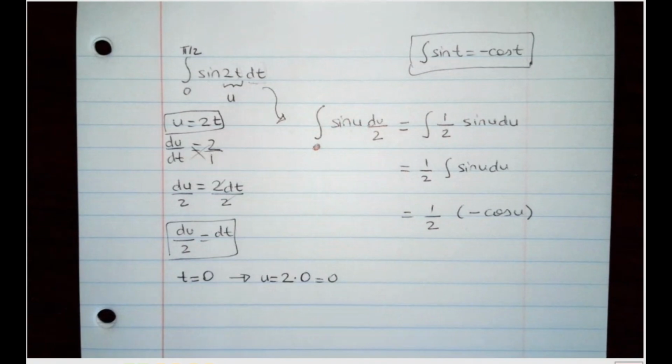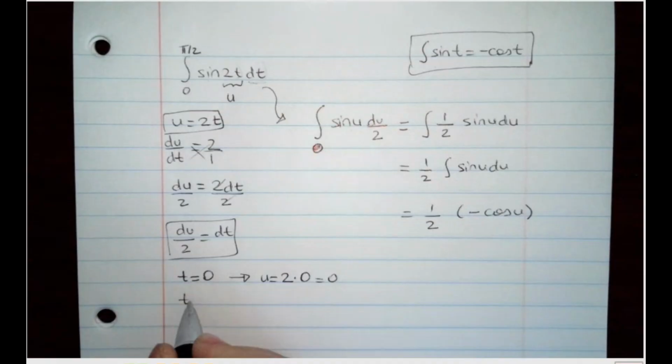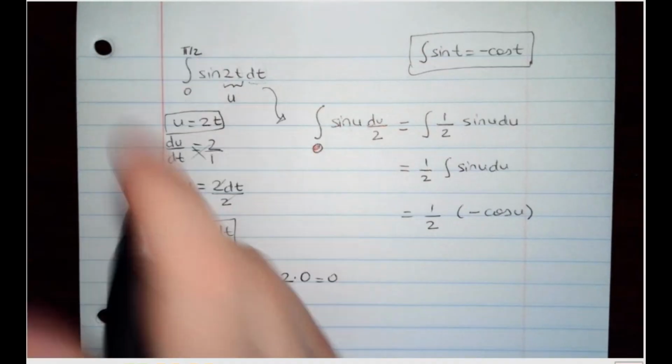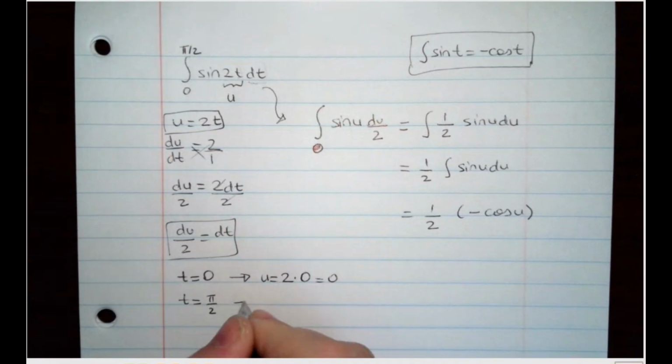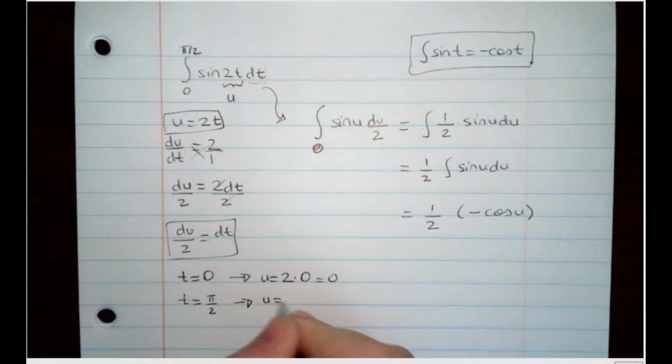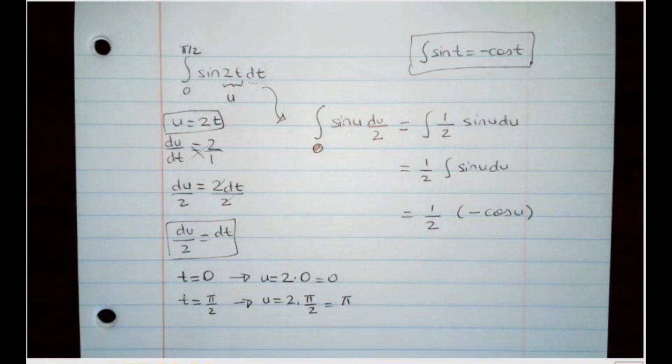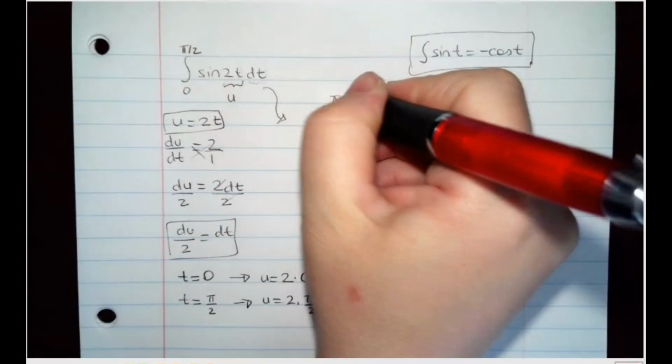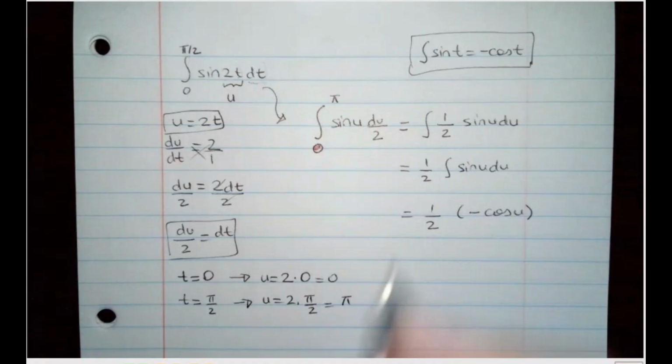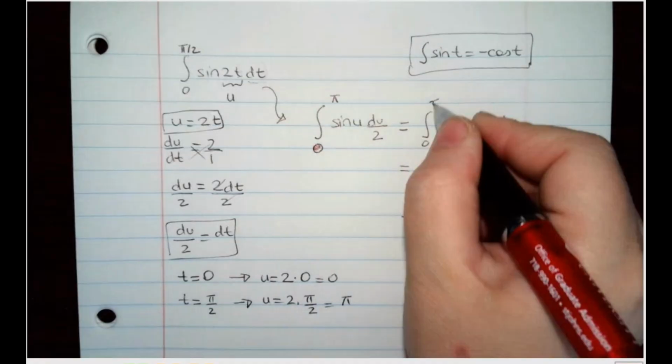So this limit stays as 0. If t equals pi over 2, the upper limit, then u will become 2 times pi over 2, which is pi. So the upper limit changes to pi. 0 to pi.